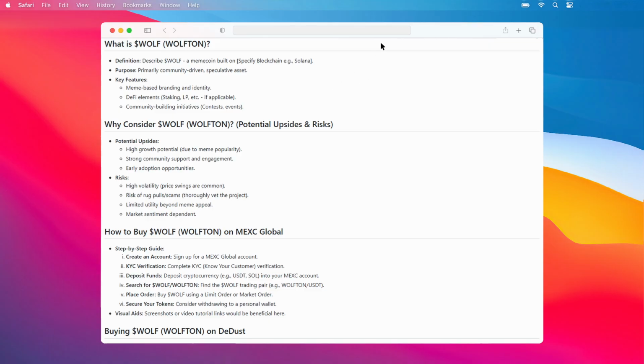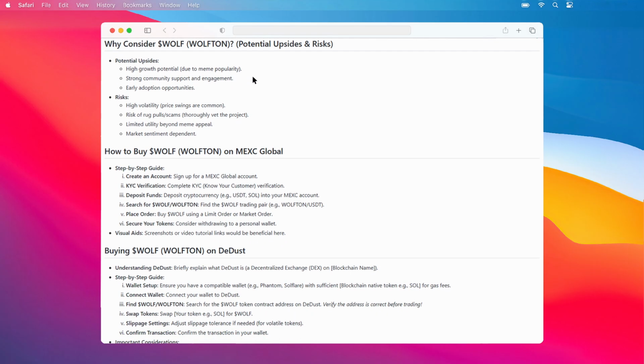user base. You're wondering why you might consider investing in $WLF, or Wolfton. On the upside, these meme coins can have high growth potential, especially if the meme catches on and goes viral. Plus, a strong community backing the coin can really drive engagement and activity. Getting in early can also present some unique opportunities. However, it's not all sunshine and roses.